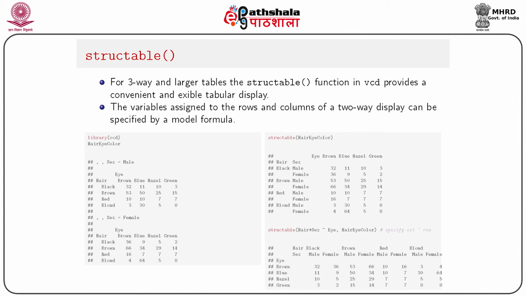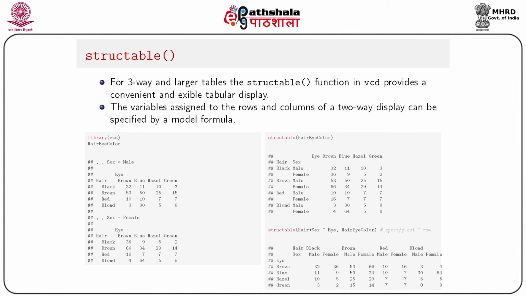If you print it, you can see it's actually a three-way array: sex equals male, then you have the hair and eye two-way table, stratified by gender. This way you can see how the data is stored.